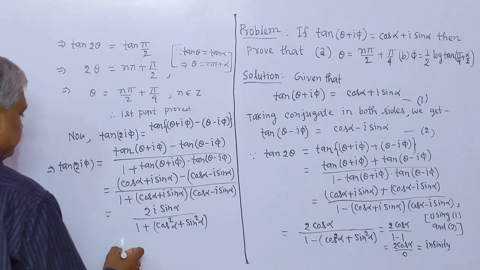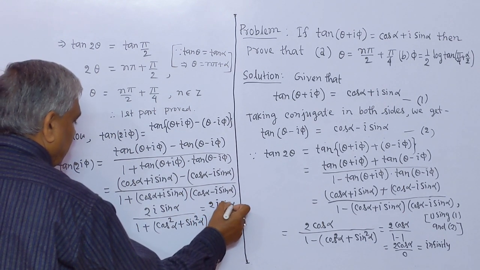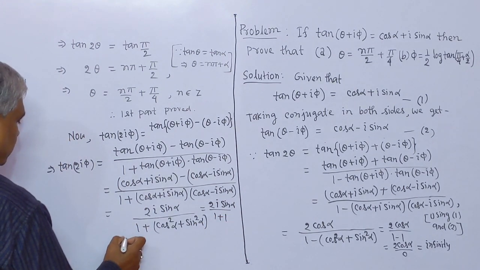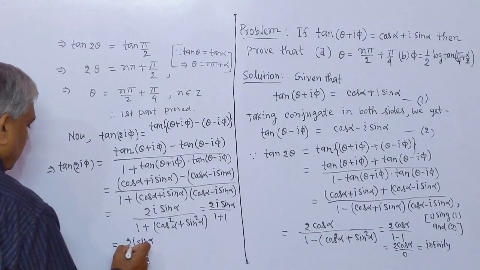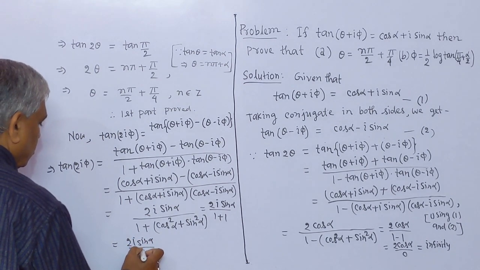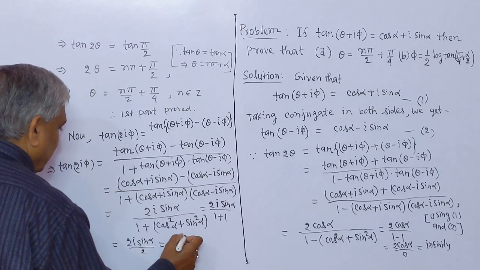This is equal to 2i sin alpha by 1 plus 1. This is equal to 2i sin alpha by 2. This is equal to i sin alpha.